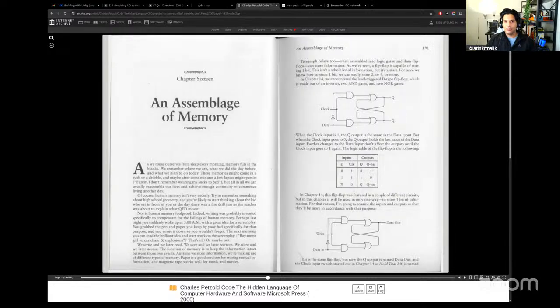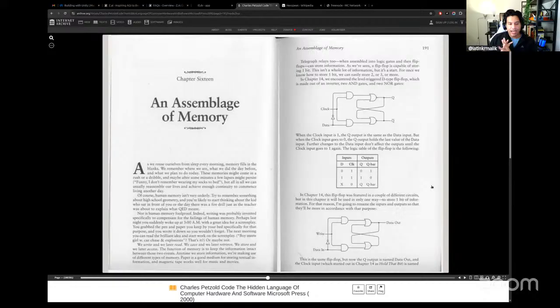Okay, so let's move on. We have 27 minutes. So chapter 16, and now it's an assemblage of memory. I think now it will get a little interesting. So as we rouse ourselves from sleep every morning, memory fills in the blanks.